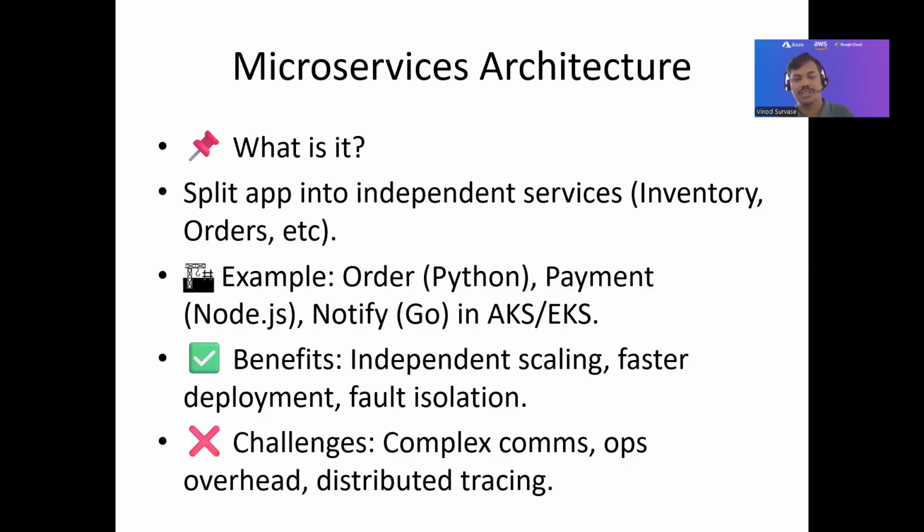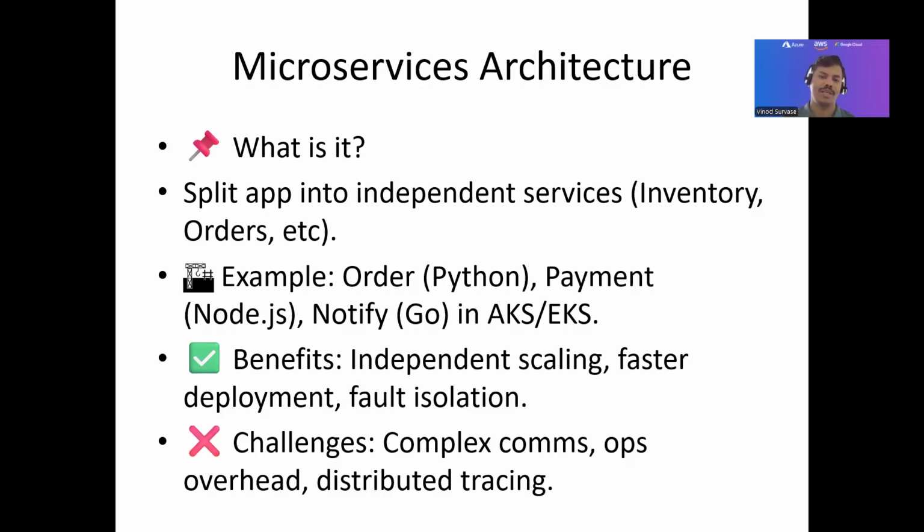And on the benefit side, you can see independent scaling, faster deployments, and fault isolation, right? These are the benefits over here. There are many other benefits, but I have mentioned only a few so that those are pretty straightforward to understand and know as well. So independent scaling means any service which is called out, that respective service is going to be scaling as expected and is going to work and deliver the results.